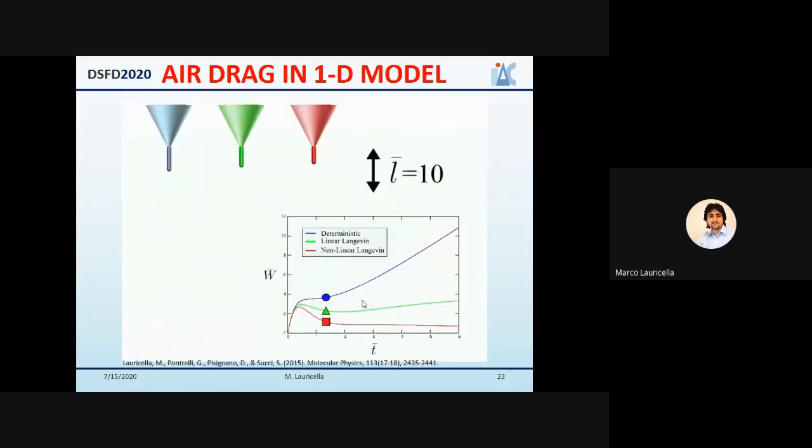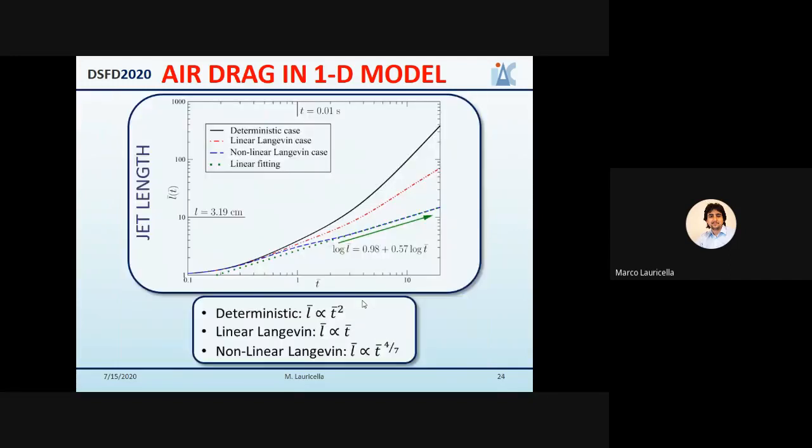As example, we reported the results of the stretching of a jet by these three different models. The first on the left side is without the drag effects and white noise. The second reports a simple model following a linear Langevin model. And the last on the right side is the full form with the nonlinear term.